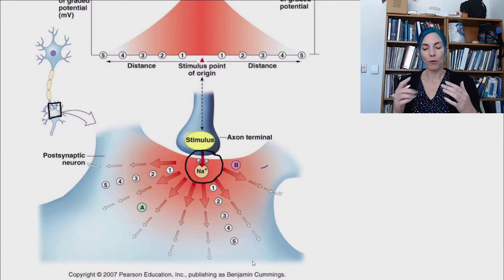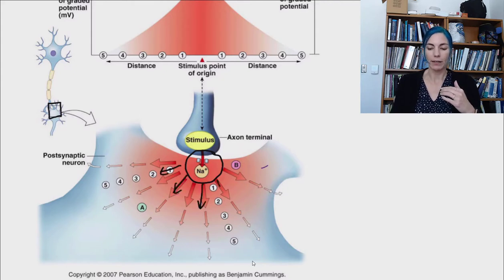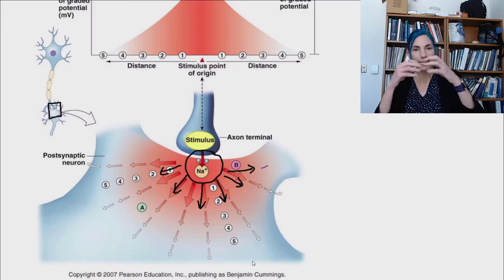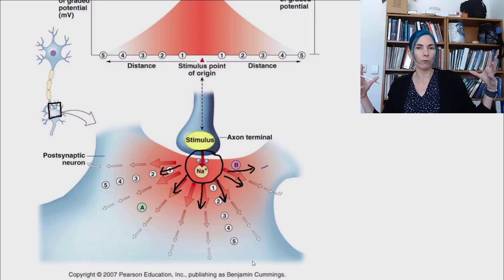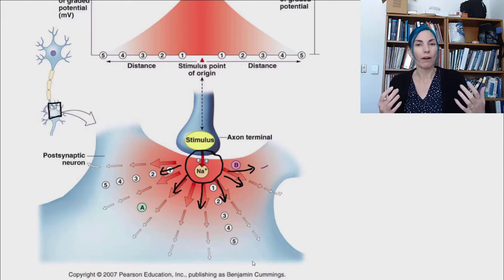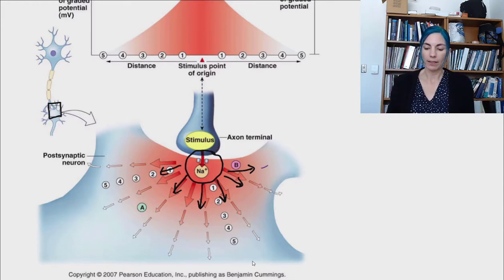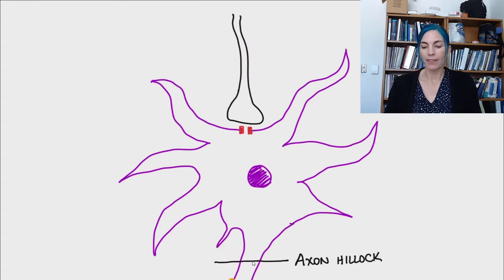And as that sodium comes in, it will in fact exhibit simple diffusion throughout the cell body. But as it does so, it dissipates. It becomes weaker and weaker and weaker. And therefore, the depolarization that you experience at that point is going to be much weaker than the depolarization right at the synapse. So let's take a look at why this is important.